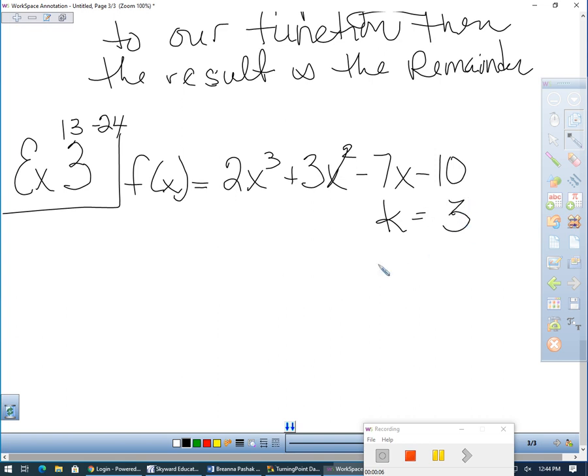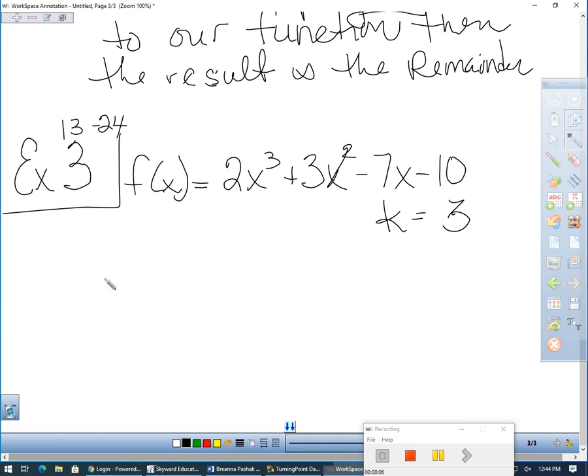What that's really saying is, if I divided this by x minus 3, what would the remainder be, right? You can use synthetic division and put 3 on the outside, or we can just plug it in.